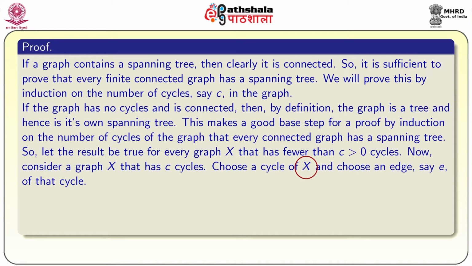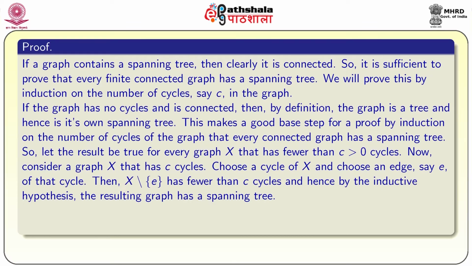Choose a cycle of X and choose an edge, say E, of that cycle. Then if you delete edge E from the graph X, that is X minus E, the edge-deleted subgraph of X has fewer than C cycles, hence by the induction hypothesis the resulting graph has a spanning tree.